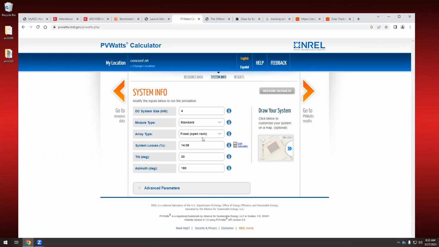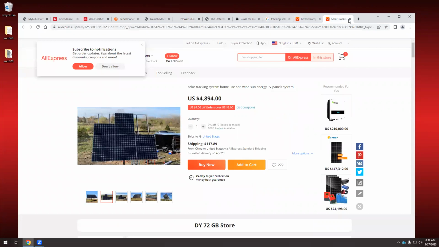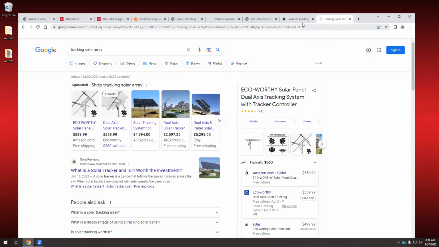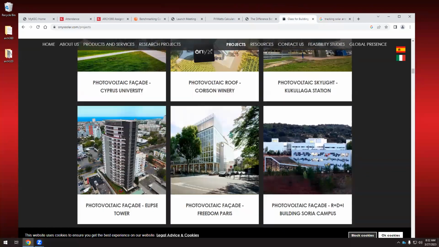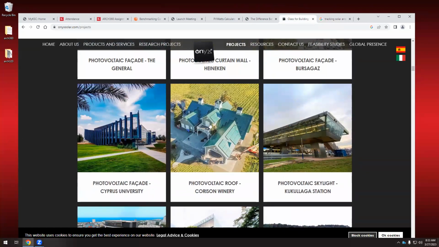But if we are talking about buildings, we have to decide between open rack and roof mount. That would be an example of the roof mount. We don't have a different structure.